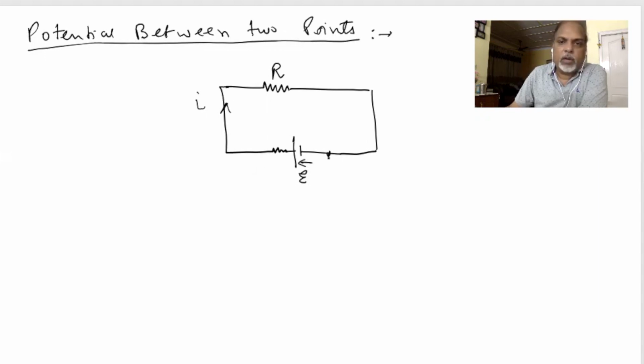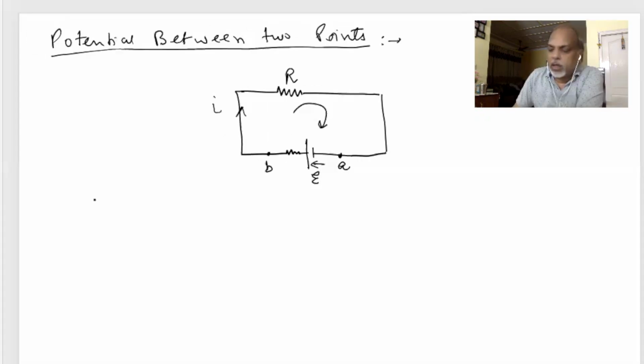Suppose you want to find the potential difference between A and B. Let us apply the loop rule from A to B. First the potential is VA. Since the EMF is increasing, it will be plus, and then I into r, because this internal resistance is also within A and B, and this must be equal to VB.